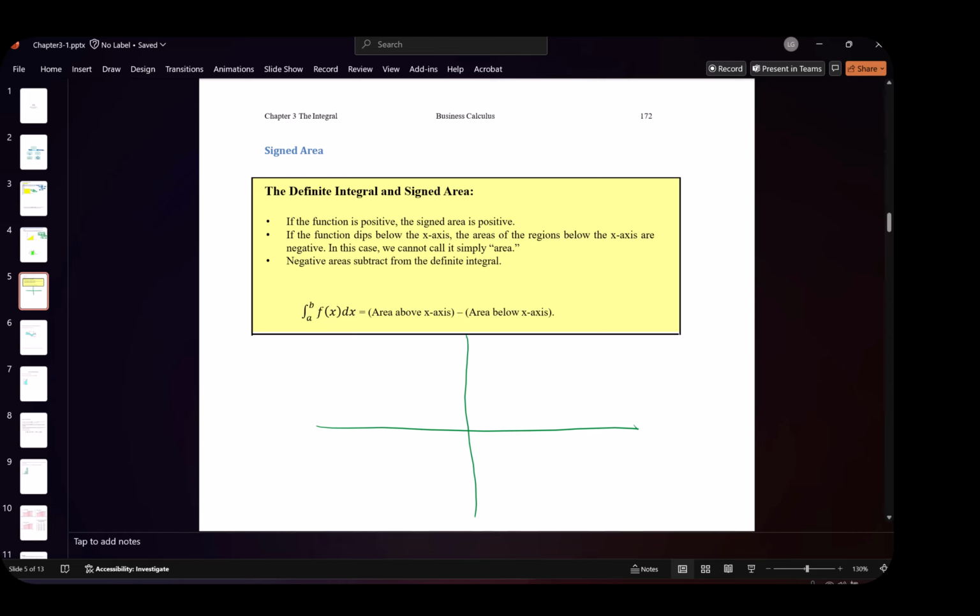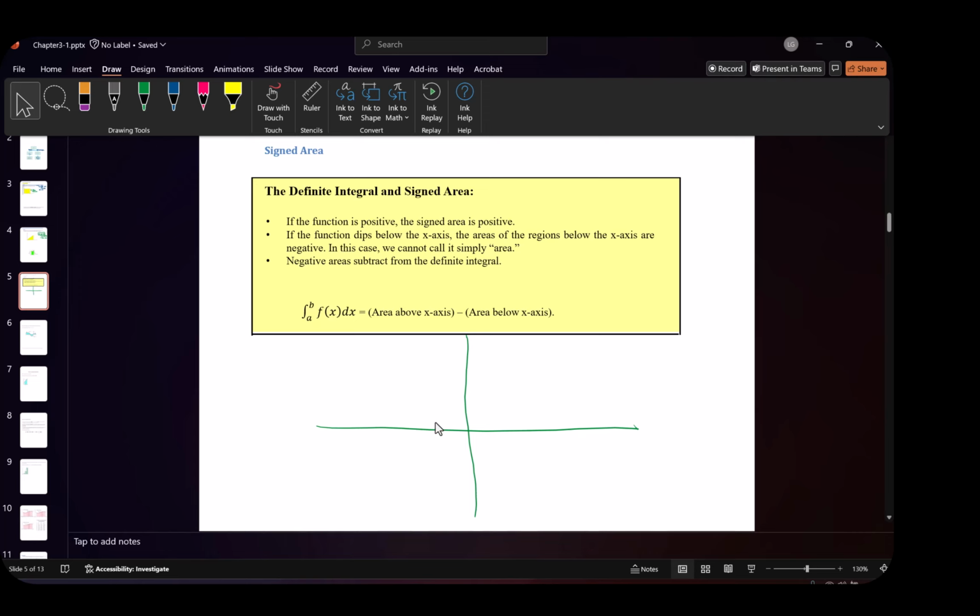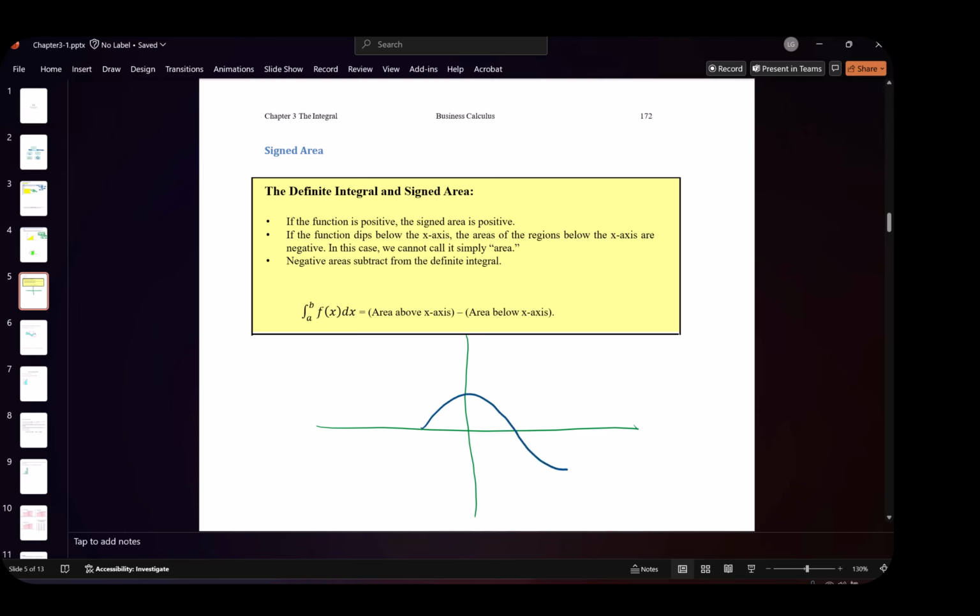What that means is we want to take the area above the x-axis and subtract the area below the x-axis. For example, if I had a curve that looked like this, whatever this area is would be positive, and whatever this area is would be a negative value.